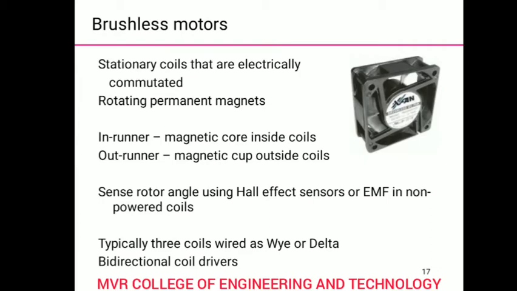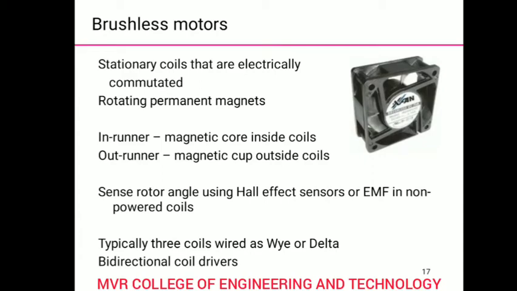In a brushless motor, the rotor acts as a permanent magnet and the stator has a field winding, and for the rotor there will be no armature winding. The rotors are made up of permanent magnets. In an inrunner the magnetic core is inside the coils, and in an outrunner the magnetic cup is outside the coils.